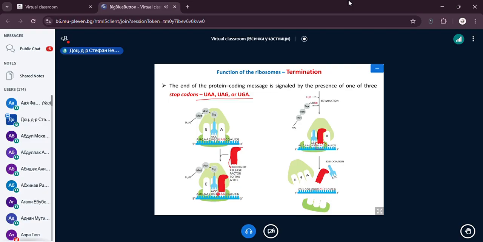When this happens, the newly synthesized protein is liberated, the 2 subunits are disintegrated, and protein synthesis ends for this ribosome. Then it can be utilized in another process of translation again and again. So these are the specificities of the translation process with its initiation, elongation, and termination.